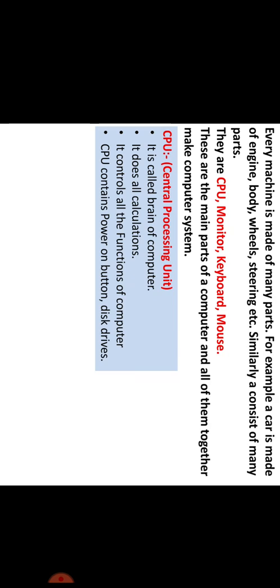All the humans, just like boy, girl, man and woman, all have a brain, correct? So in this way, a computer also has a brain, and the brain of computer is called the CPU. Yes, CPU is the brain of computer.